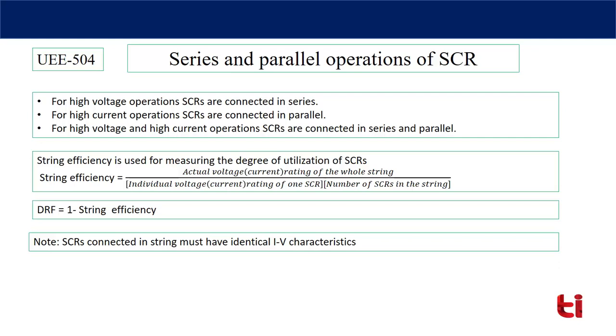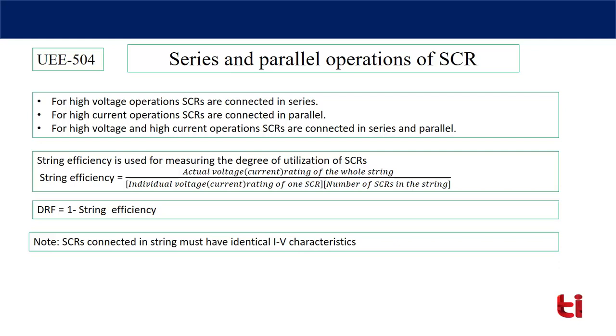Now, in every case, the rating of the SCR should be utilized properly, or full utilization of rating should be there. That means, suppose you want to use a thyristor of rating 1 kilovolt and 50 ampere, and that thyristor you have used across a 100 volt and 50 ampere application, then the thyristor is not fully utilized.